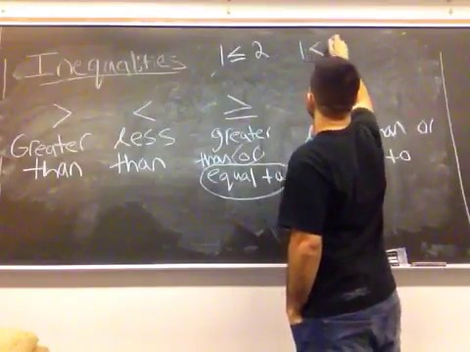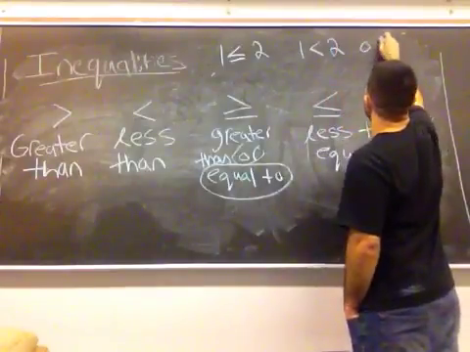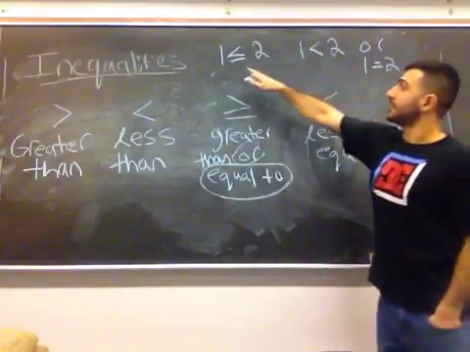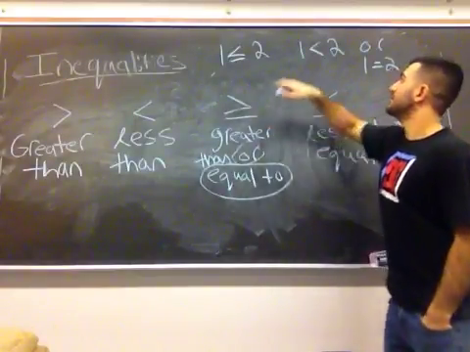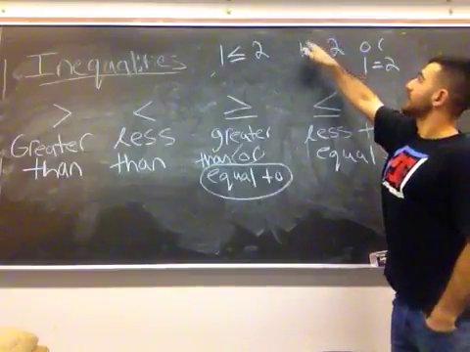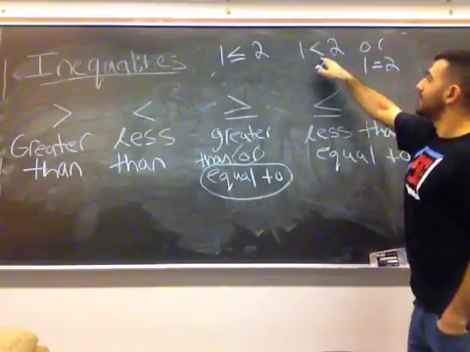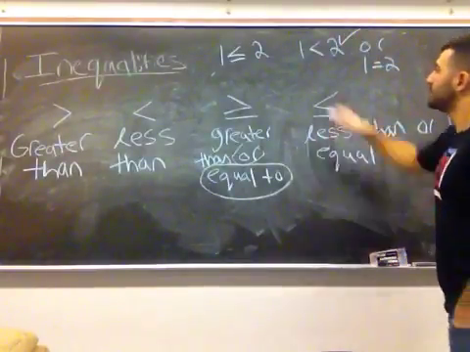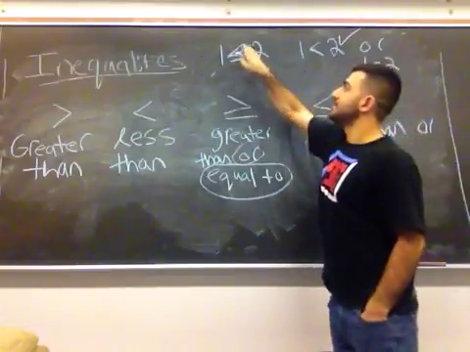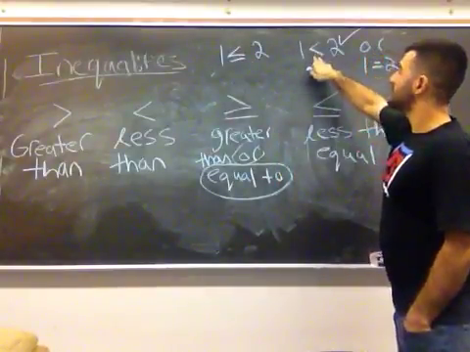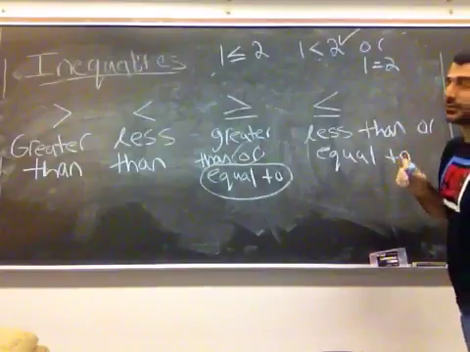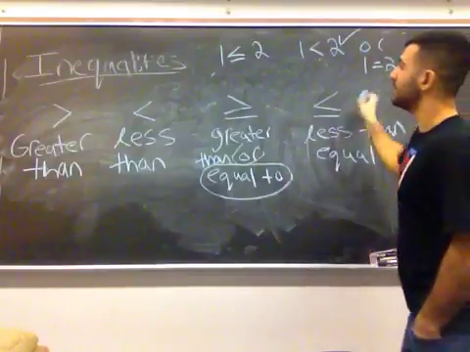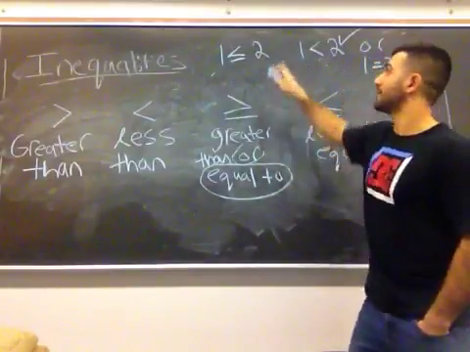We have to check if 1 is less than 2 or 1 is equal to 2. The first part asks, is 1 less than 2? Yes, it is. And we don't need to go any further, because once we've proved one of them is true, then this is true no matter what. If you prove that it's less than or that it's equal to, then you don't need to prove the other one. It's already proved. So this statement is true.